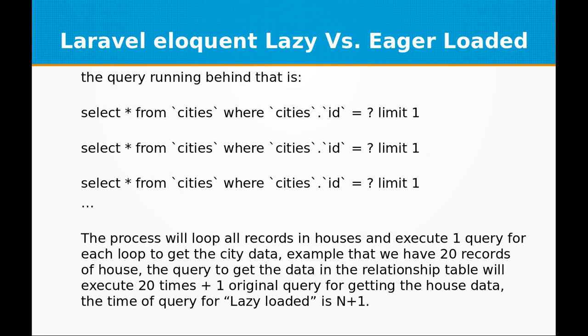The process will loop over all records in houses and execute one query for each loop to get the city data. For example, if we have 20 records of house, the query to get the data in the relationship table will execute 20 times plus one original query for getting the house data. The number of queries for lazy loading is N plus 1.